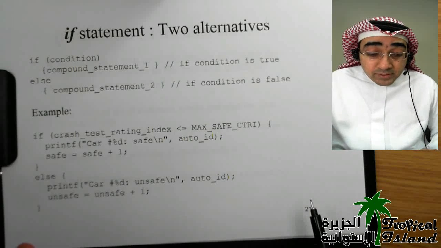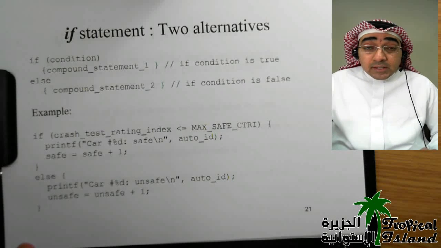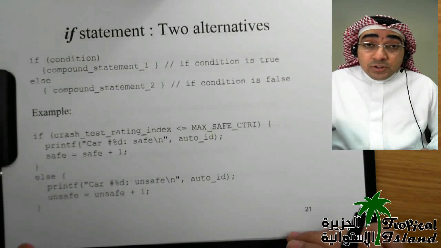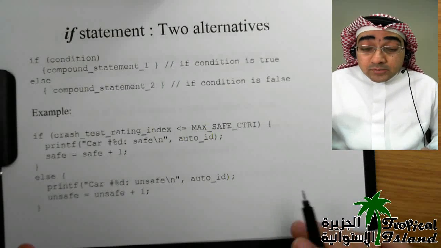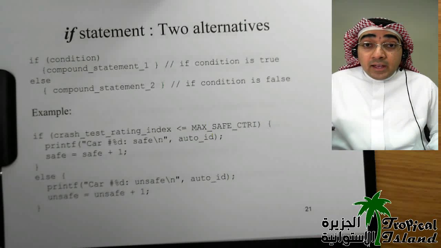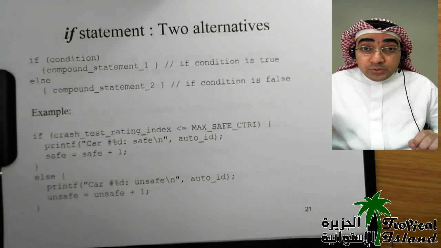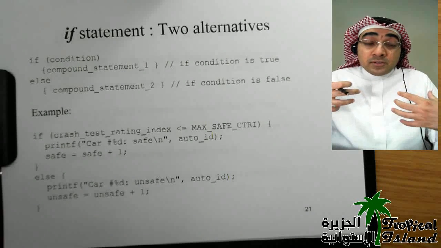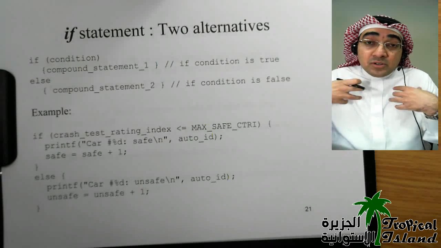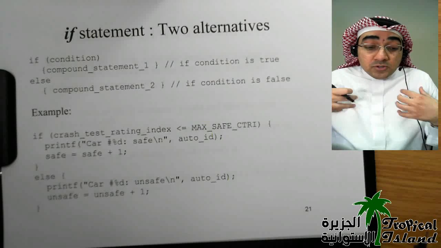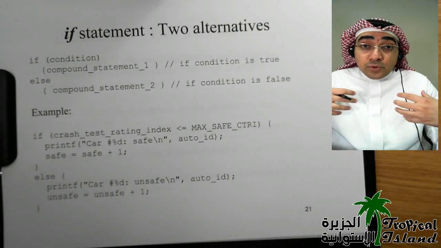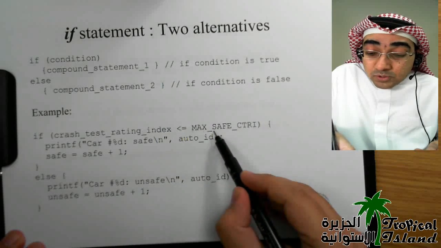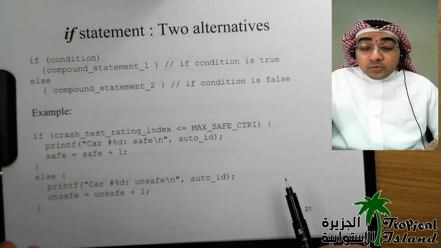Okay, now an example over here: if I were working in a car manufacturing company and my job is to determine if the car is safe or not. I'm going to take 100 cars and I'm going to crash them, and I'm going to put dummies in them, and in the dummies I'm going to put some type of sensors that are going to check for me how much pressure is exerted on the dummy, so that I can determine if these forces are less than a number that is published to me, which is the maximum safety critical value by the health organization.